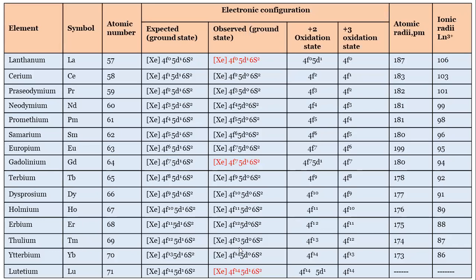But there is another effect, called the nuclear charge effect, which is more powerful in lanthanides. So there is a decrease in atomic size and a decrease in ionic radii, and this property is called lanthanide contraction.